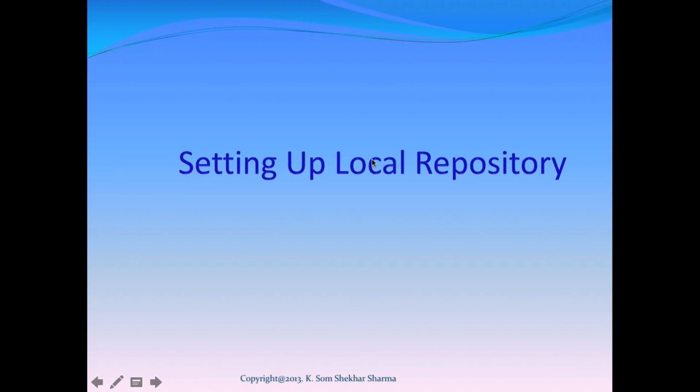Now, if you have observed all this while, everything gets downloaded from the network. Everything, and when I say everything, I mean all the repositories, jars, all the tarballs, gets downloaded from the internet, which means that you should have very good internet connectivity.